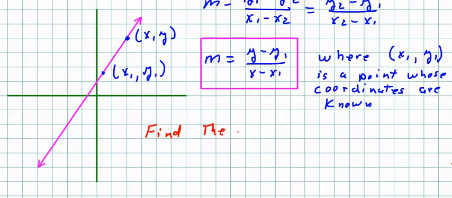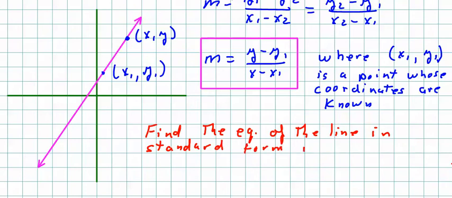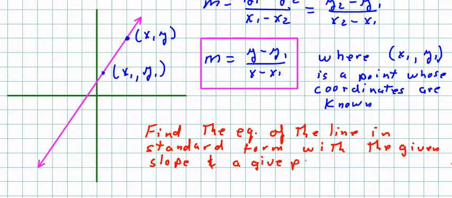Find the equation of the line in standard form with the given slope and a given point on the line.